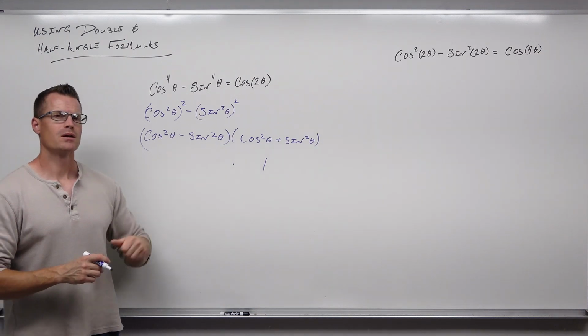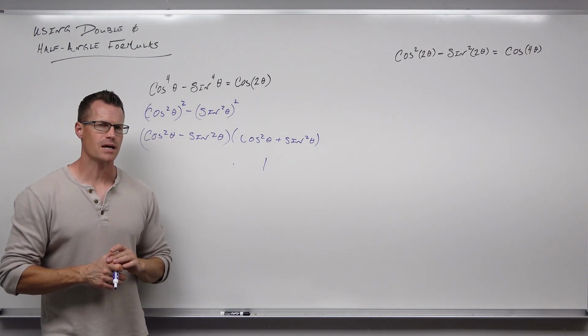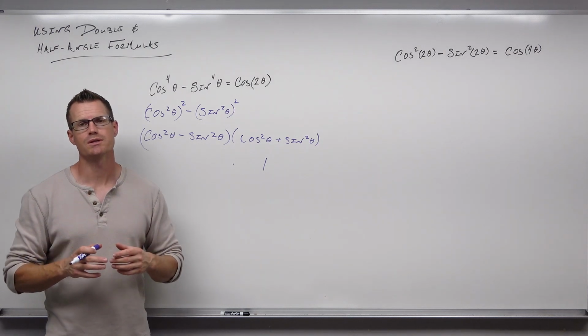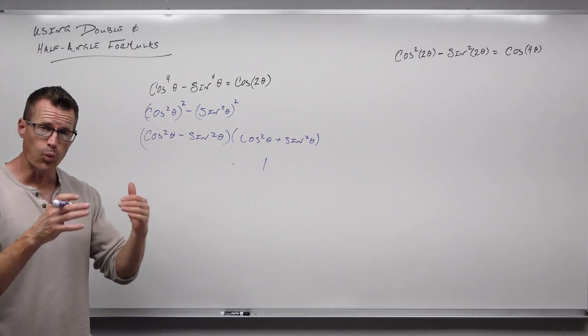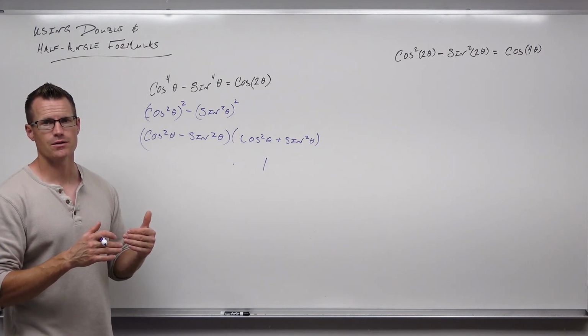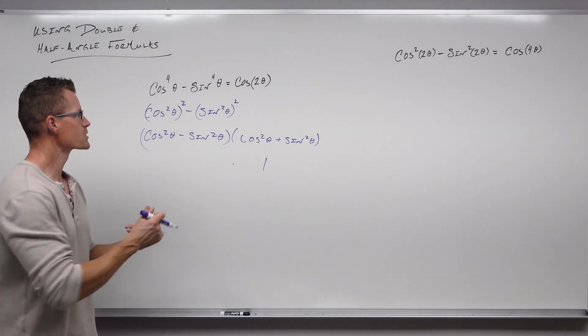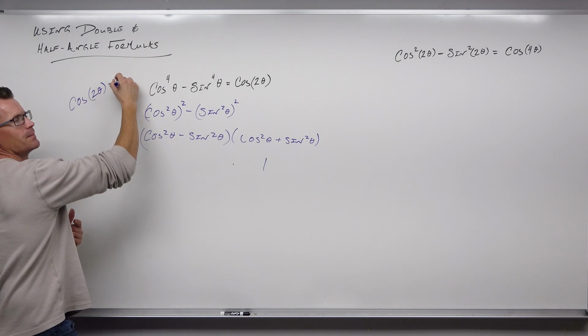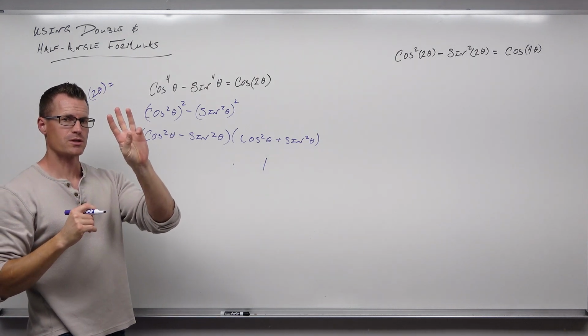What about this one? Cosine squared theta minus sine squared theta. If we have our identity sheet next to us, or we're really used to the double angle identities, this is one of the double angle formulas for cosine. So cosine 2 theta, there were 3 double angle formulas for cosine.